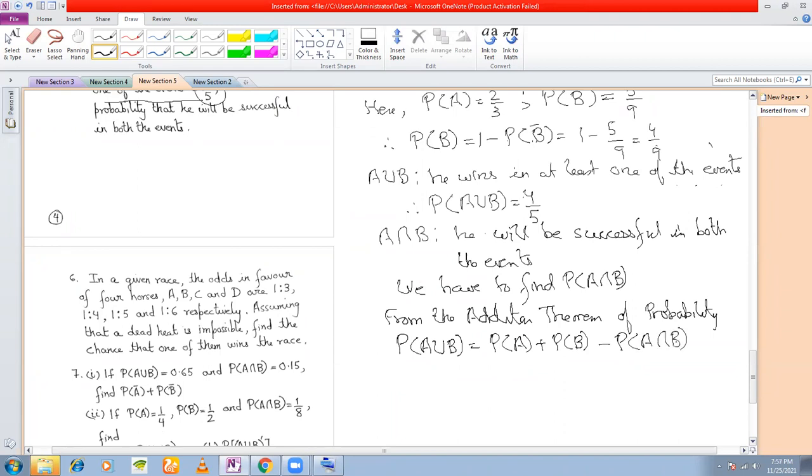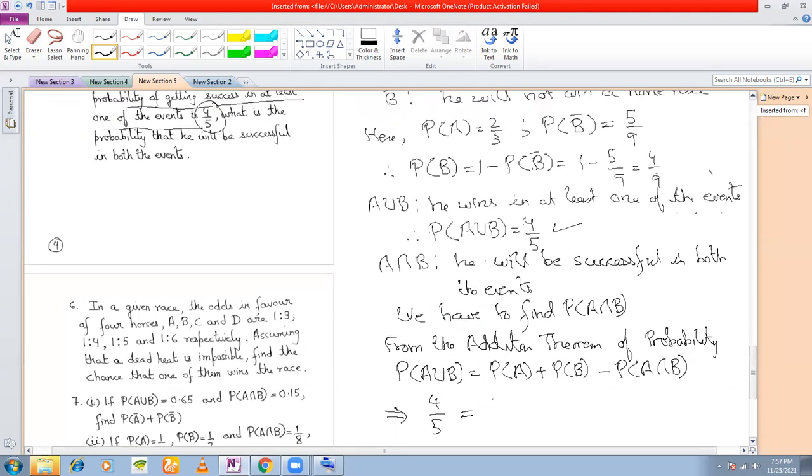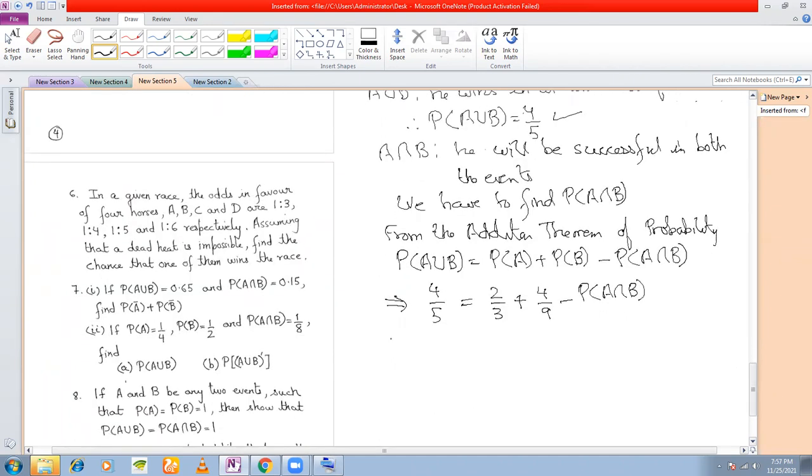Now put the values here. P(A union B) is given to be how much? 4 by 5. P(A) is given to be 2 by 3. P(B) is 4 by 9. And we have to find P(A intersection B), right?